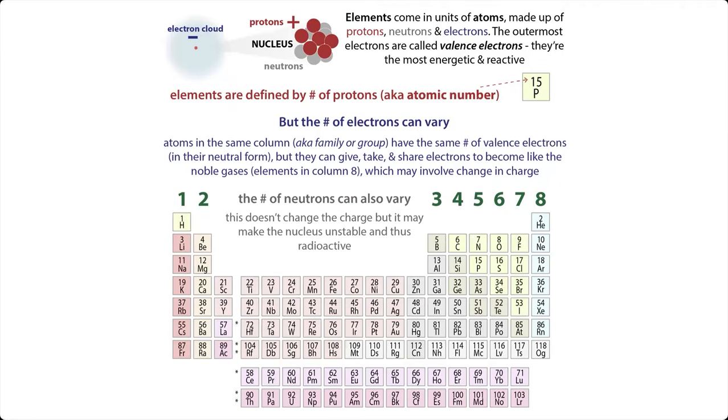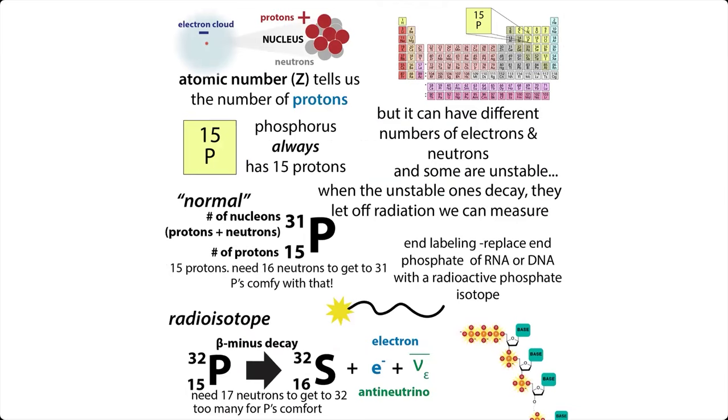And one of the great things about these is that they act very, very similar, almost indistinguishable from the normal one. So they don't get in the way of the normal reactions or normal processes, like you might find if you attached a big bulky fluorophore. So one benefit of the radioactivity is that it is kind of unobtrusive and lets you see what's going on.